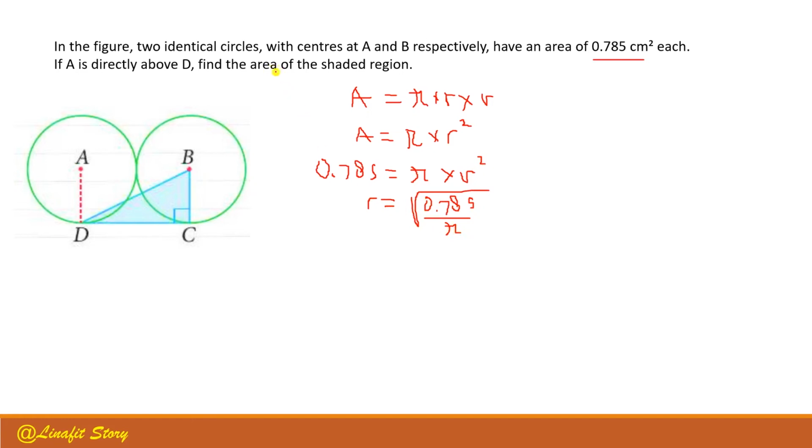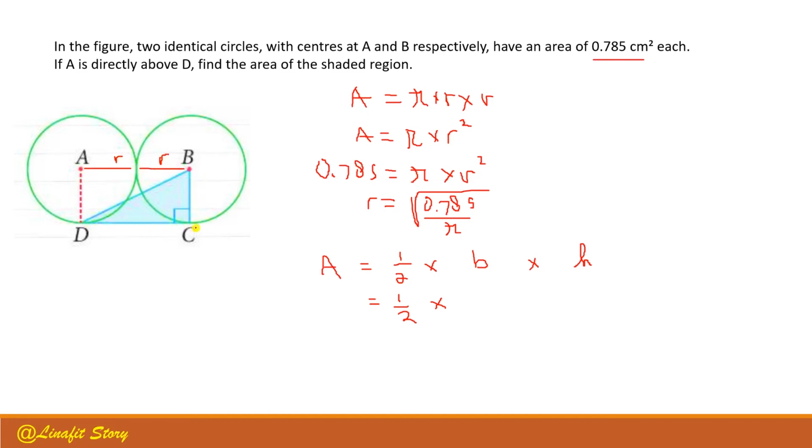And then we will find the area of the shaded region. The shaded region is a triangle. The area of a triangle is 1/2 times base times height. So 1/2 times the base of the triangle, which is equal to 2 times radius. Why? Because this is the radius, this is the radius, and this is the radius.